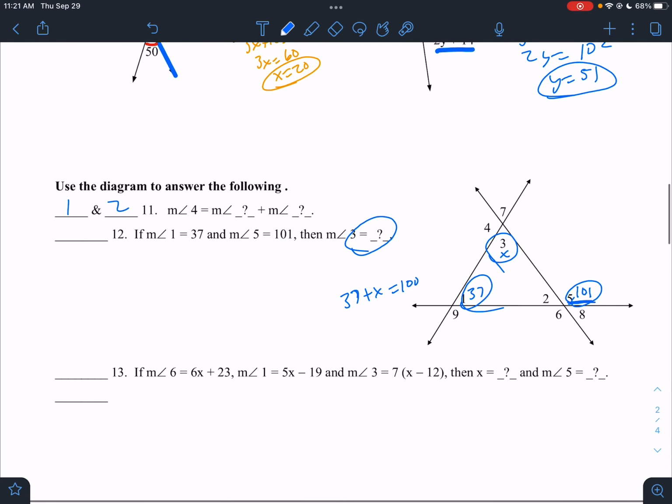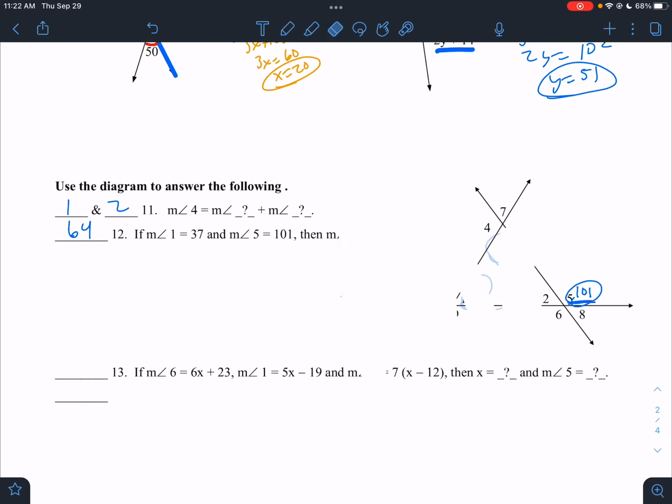So that would have to be, what, 100 minus 37, 63? No, sorry, 101. I was like, what happened? Should be 101. My bad. So 64. Got it. Boom, shakalaka. All right. How about the next one?